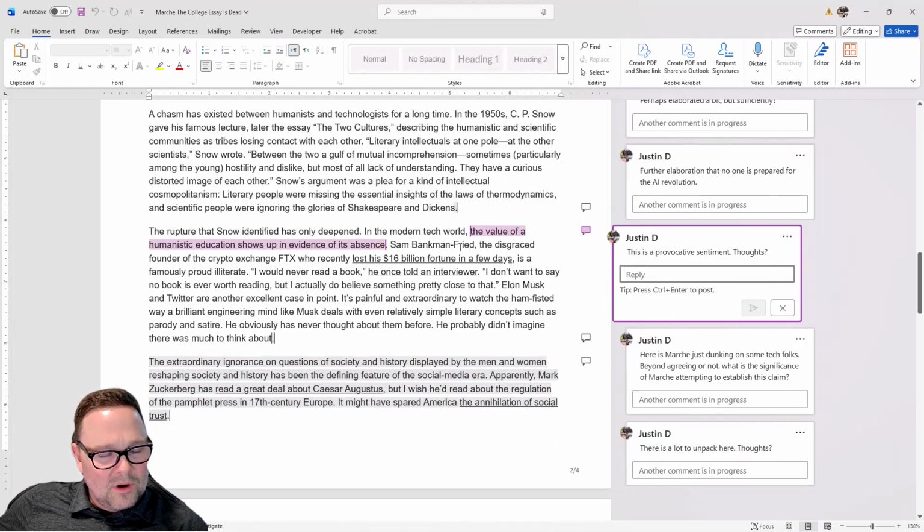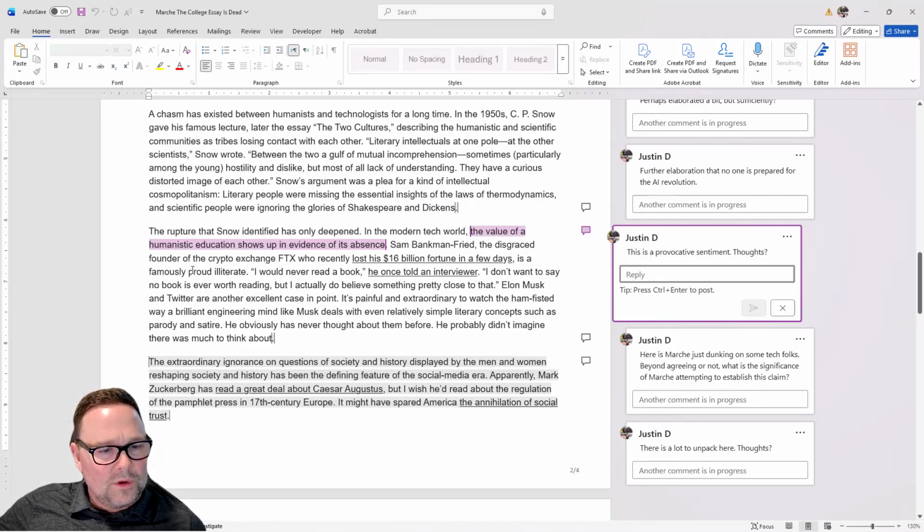One way March goes about leading into those dynamics that I just sort of summarized is by saying the value of a humanistic education shows up in evidence of its absence. And I don't want to be too critical of Mr. March, but I'll just say that that's a pretty profound line. You could probably spend a lot of time unpacking that in an essay, in a discipline paper, perhaps.